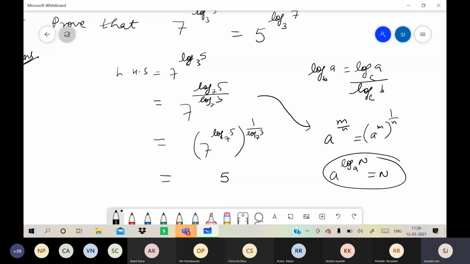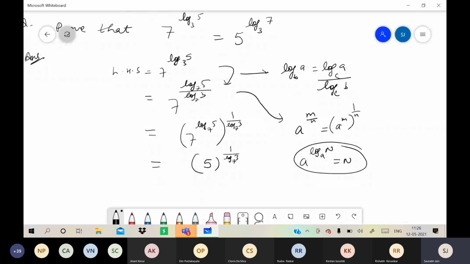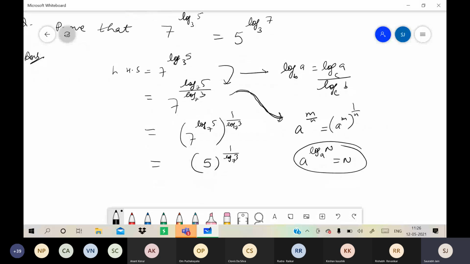Good. Absolutely correct. So, see, in the first step, what he has done from here to here, he has used the base changing theorem. Okay. So, log 5 base 3 is written as log 5 upon log 3 and base is taken as 7. Then it was of this form a to the power m by n and we can write it like this. So, that is why, what is a, what is m, that numerator of the power and denominator is this.